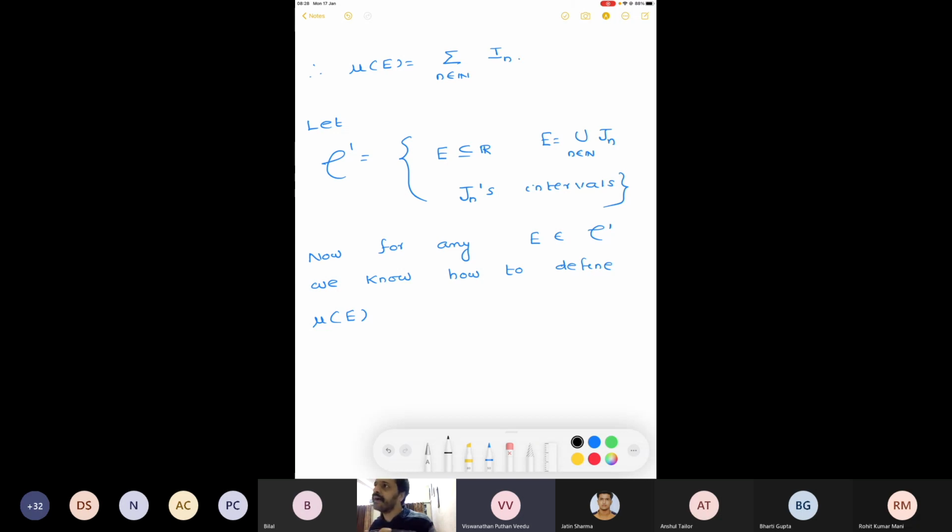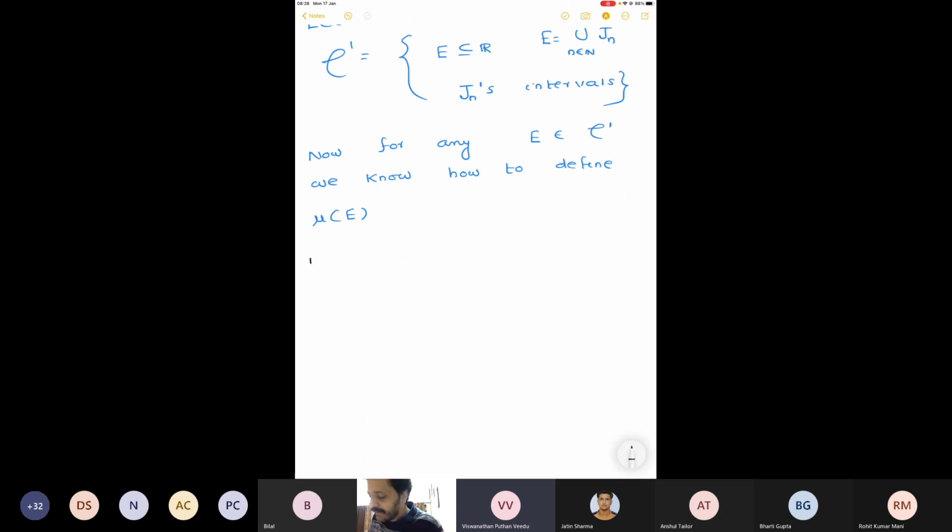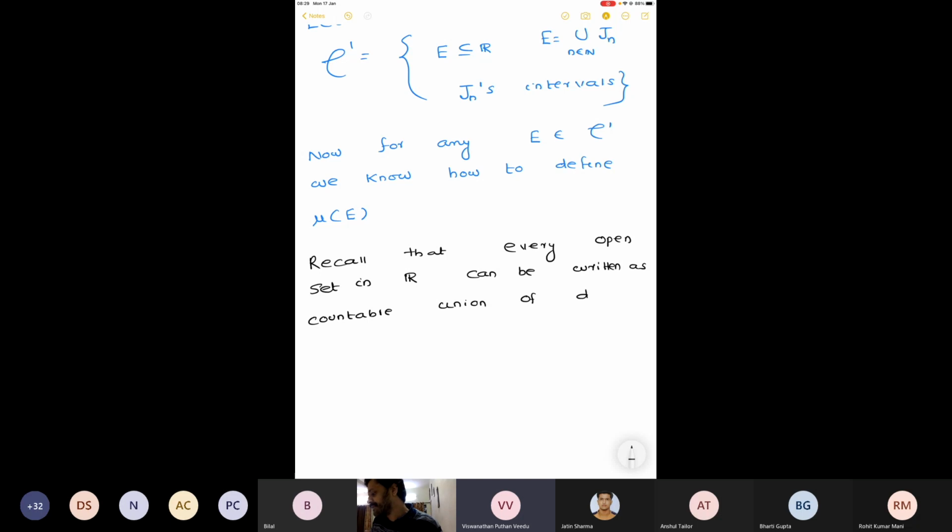Every open set in R can be written as a countable union of disjoint open intervals.